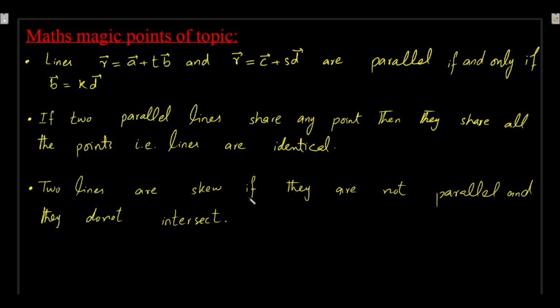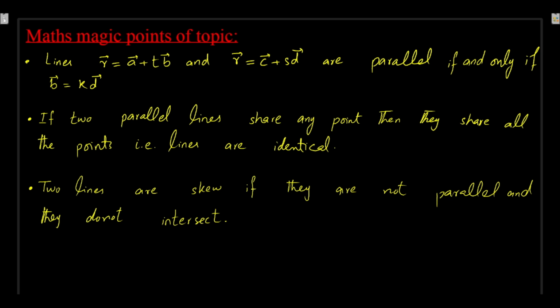Next, two lines are skew if they are not parallel and they do not intersect. So in order to show that the given two lines are skew, we have to show, number one, that the lines are not parallel, and number two, that these lines do not intersect. That is, we form three simultaneous equations by comparing the components of the general points on the two lines, and we find the values of the two parameters from any two of the equations.